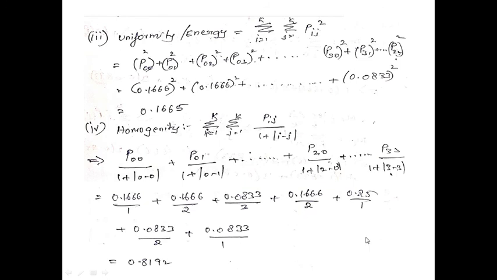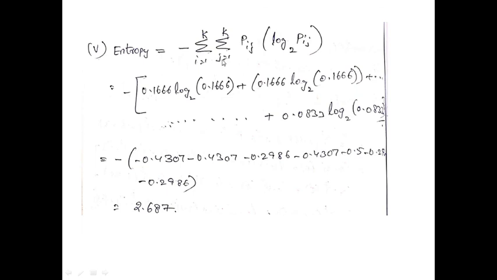The GLCM will tend to cluster around the main diagonal. So this is the character of homogeneity.